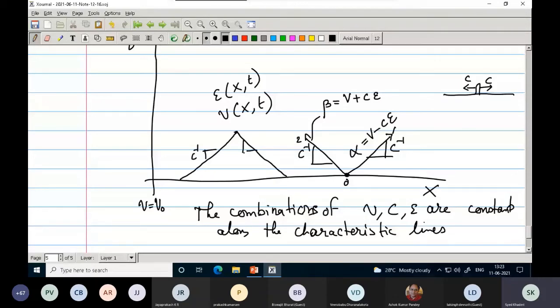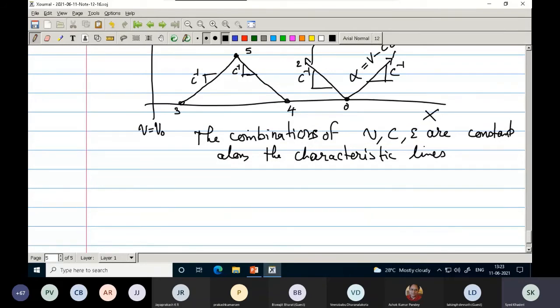Now I want to find out what is the velocity and strain at this particular point. So what is happening? Let's name these points. Let's say this is point number 3, this is point number 4, and this is point number 5. So what is happening at point number 3 and point number 4?